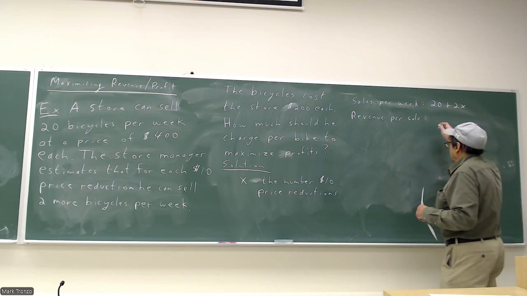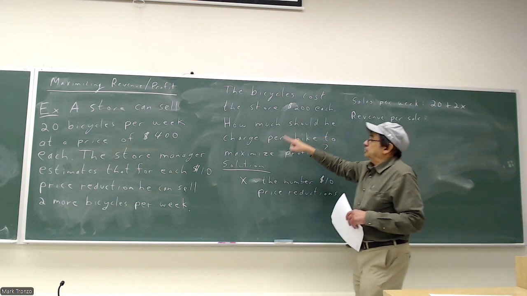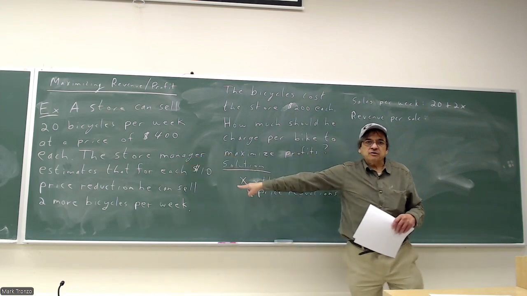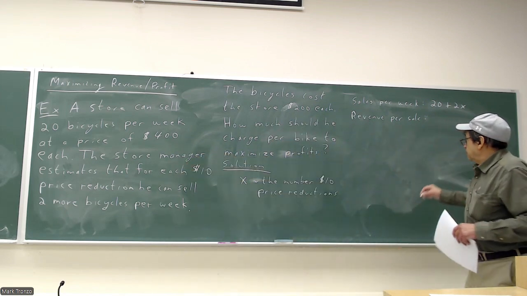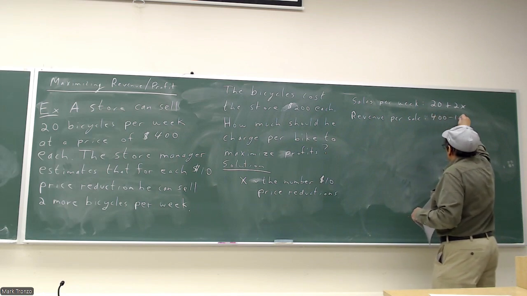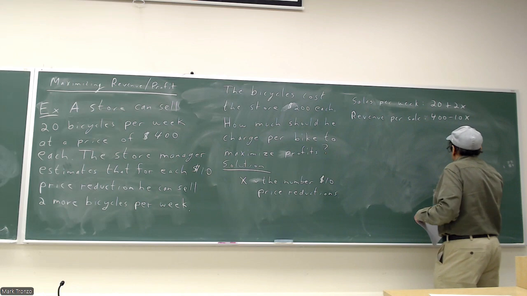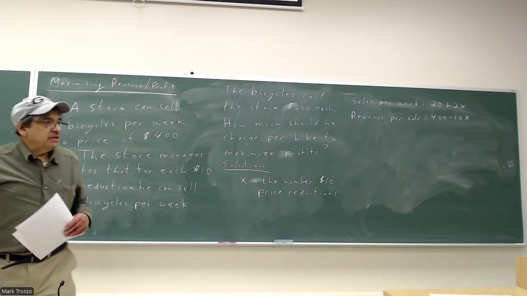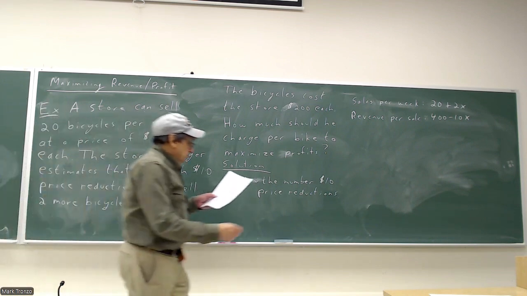And then the revenue, the amount he takes in per sale, is going to be our $400 minus every $10 price reduction. So that's going to be 400 minus 10 times x. And of course, if we multiply these together, that'll give us the revenue.